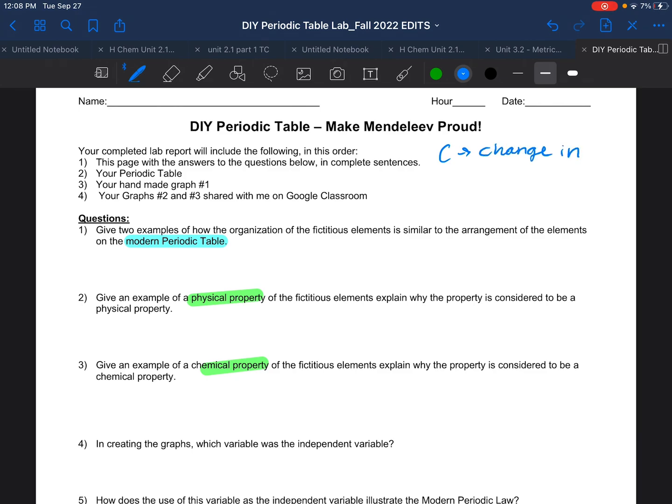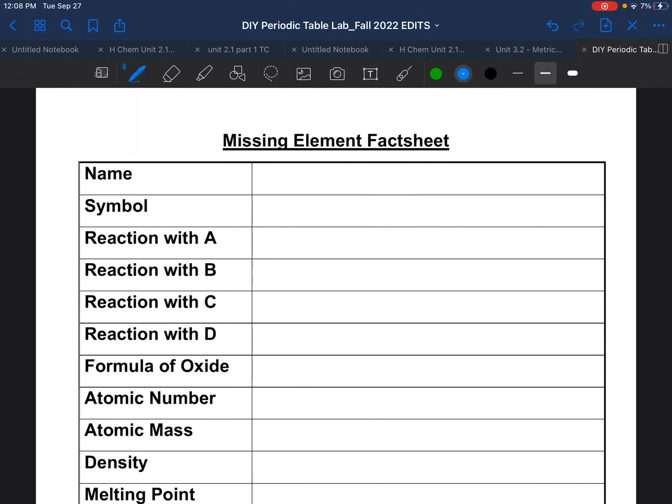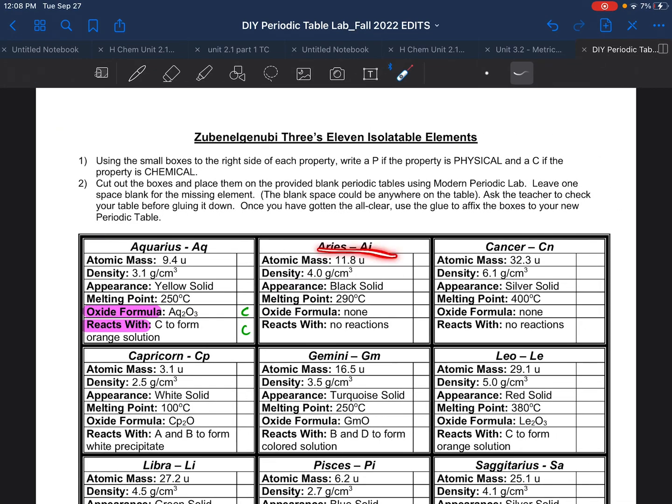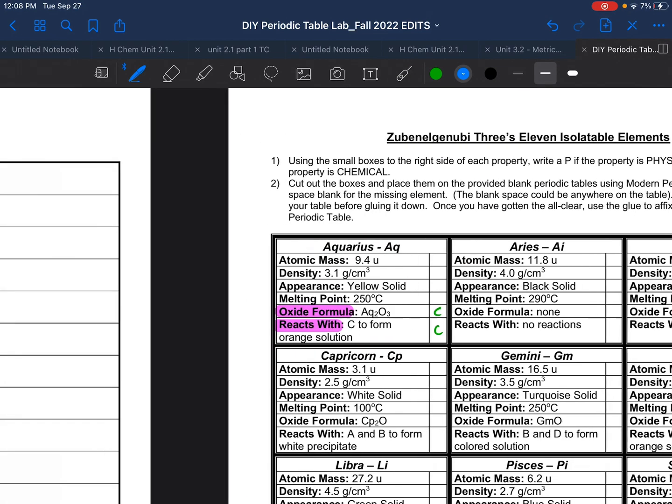To witness it, you have a change in composition, meaning you change into something completely different, where physical is going to have no change. For example, if I cut a piece of paper in half, I physically change it, but it's still paper, all right?